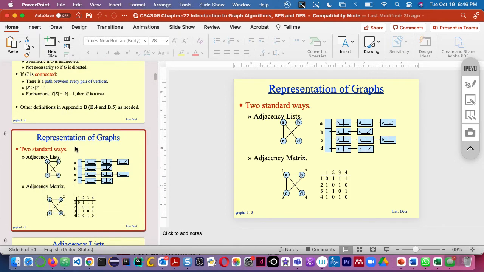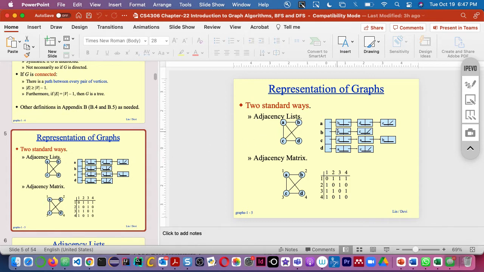Now, how is a graph represented from a programming perspective, or in computer memory? A graph can be represented in two ways: one is using an adjacency list, and the other is an adjacency matrix. An adjacency list is like a linked list.